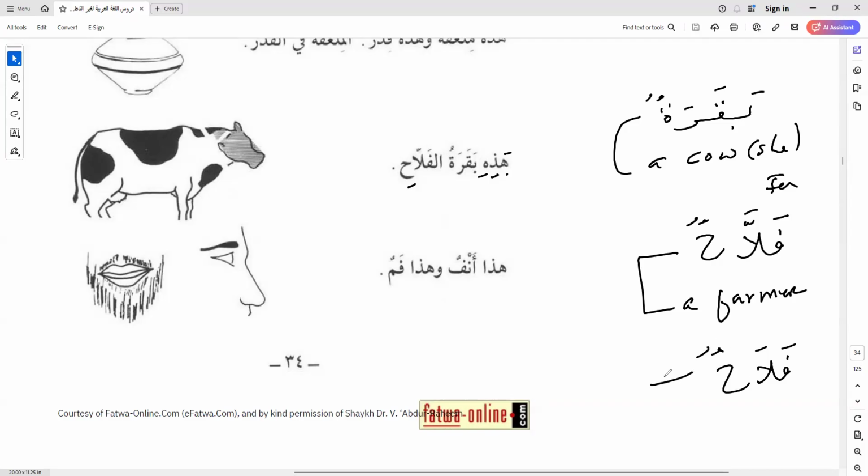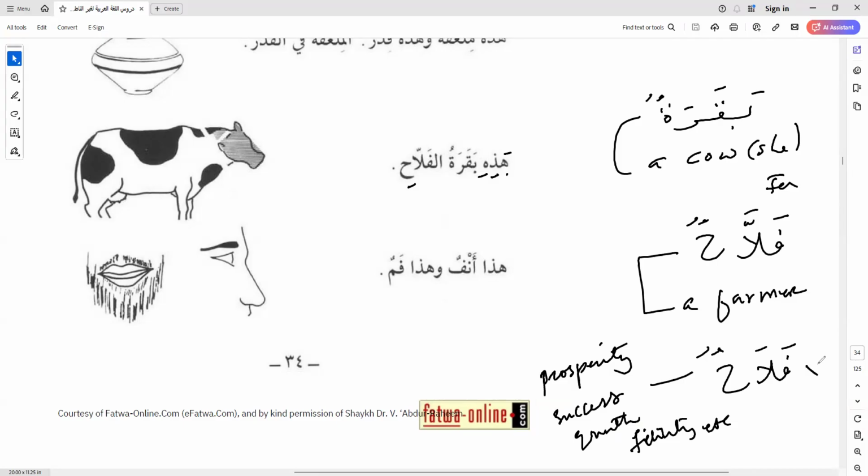Falahun can be prosperity or success or growth or felicity. Anything that is good is falah, with no shadda. Falahun with a shadda, a farmer.